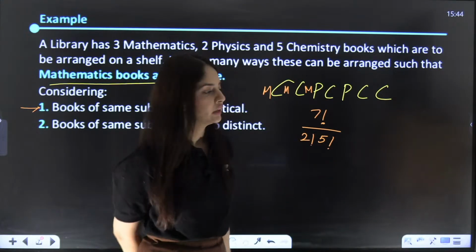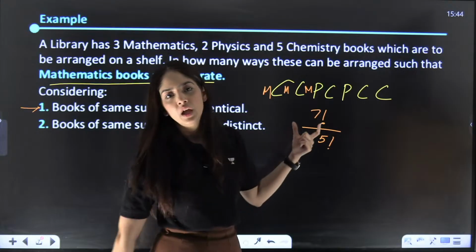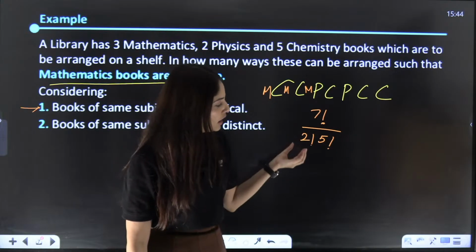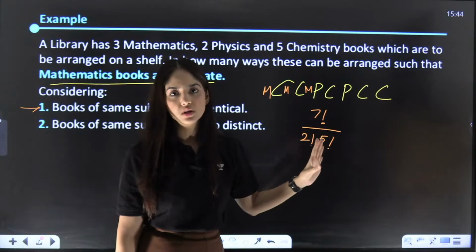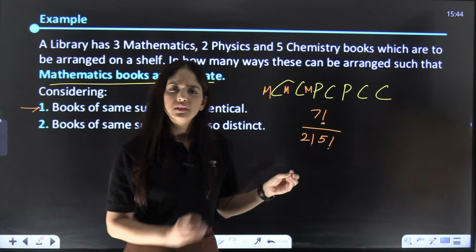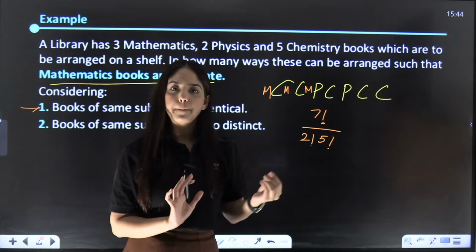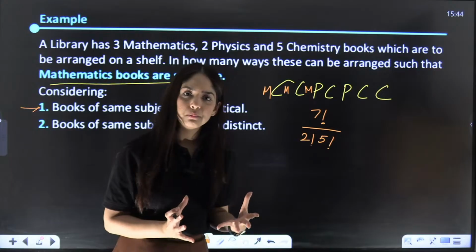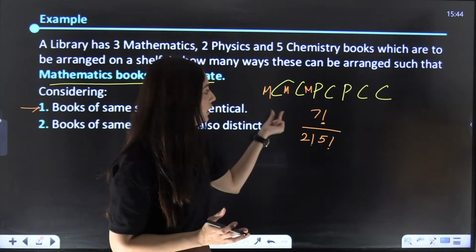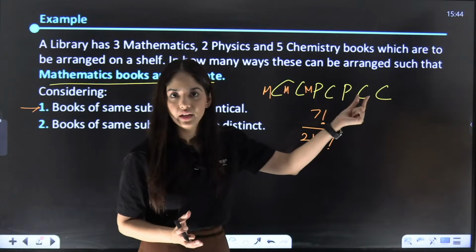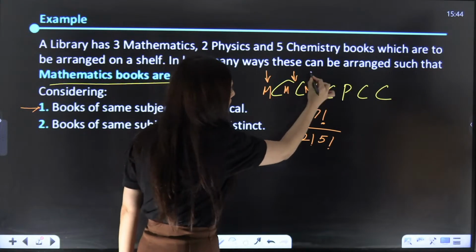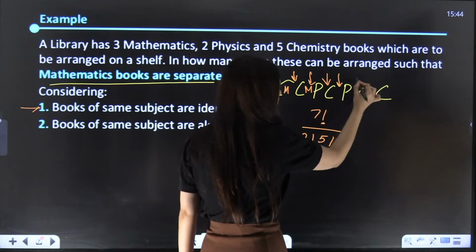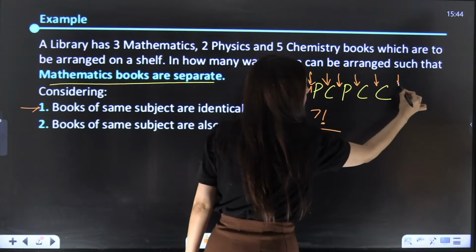Right? Now, once we have an arrangement of P books and C books, we have to find some places to keep our M books. Where can these M books go? They can only go in the gaps between these. Now, how many gaps do we have? It can also be here or here, between the gaps, like this.